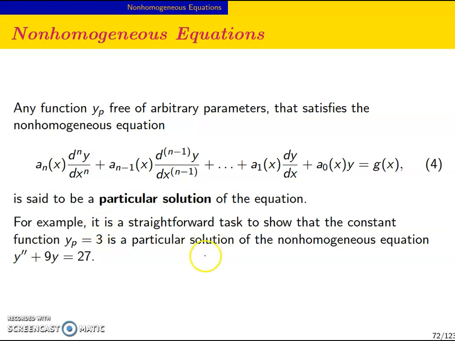Why is that? When you differentiate yp equals 3, you get 0. So when I have 9 yp equals 27, 9 times 3 is 27, so 27 equals 27. That's why we say it's a particular solution for the equation.